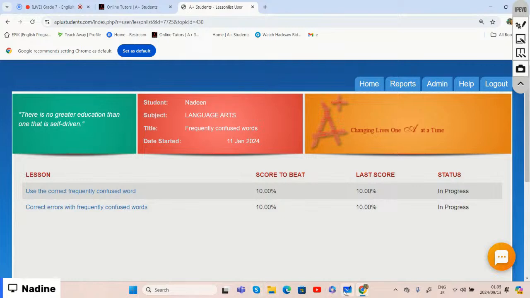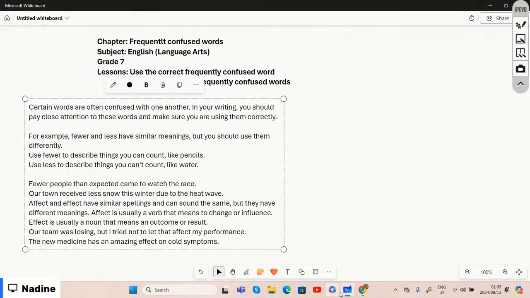All right. So our chapter is frequently confused words. Our subject is English Language Arts, grade 7.